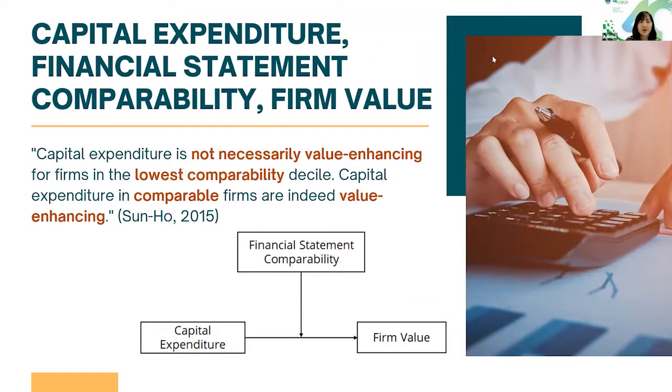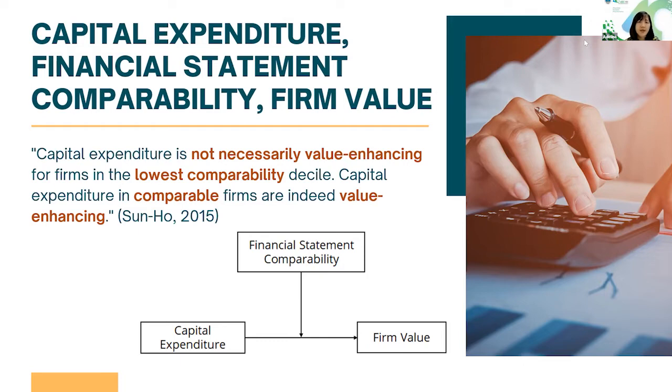Realizing how important financial statement comparability is in enhancing firm value, and we also believe that capital expenditure influences firm value, so we created this framework for our paper. And the base is also from the statement by Sun Ho in 2015. Capital expenditure is not necessarily value enhancing for firms in the lowest comparability decile.